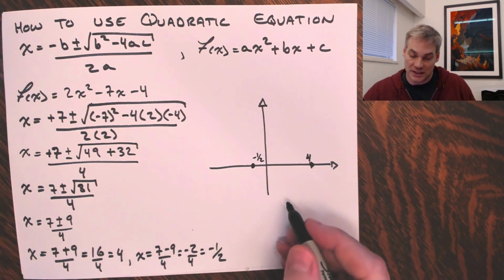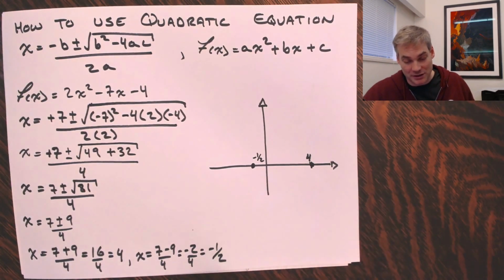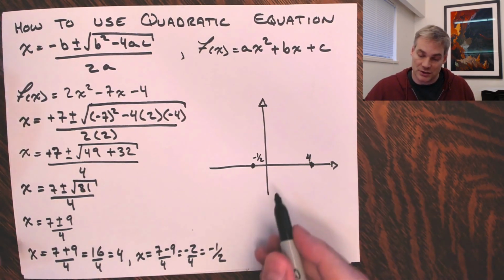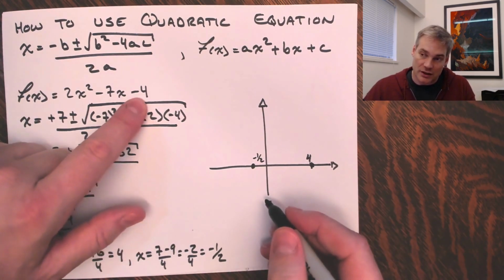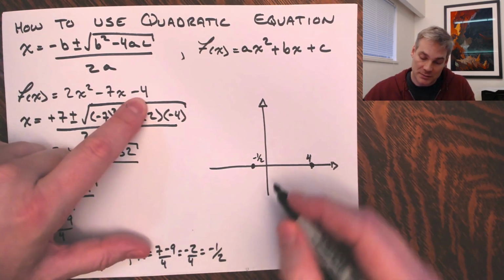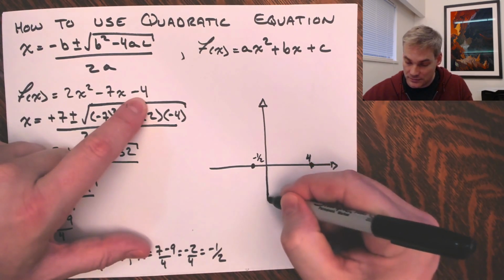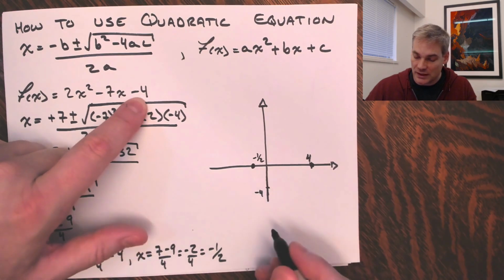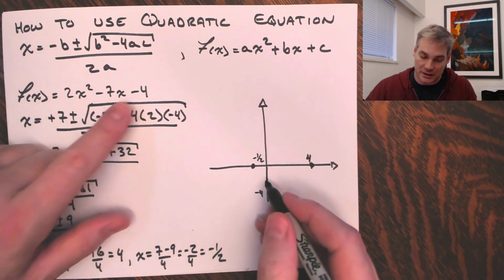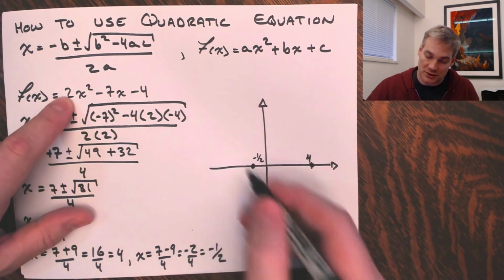We could find the vertex. I'm not going to find the vertex yet, but there's something we could do. It will be down here. We know that our y-intercept is at negative 4. Let's say negative 4 is around here. We know that a is positive, so it opens upwards. It's going to go like this.